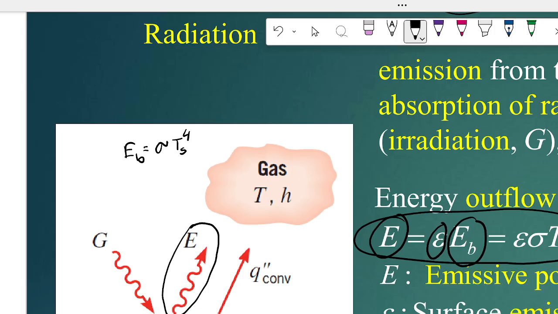Because a black body has the capability of absorbing the highest amount as well as has the capacity to emit the highest amount as well. This makes sense? So if I have a black or darker dress during summer on a hot sunny day, you're going to feel very warm. At the same time, it will radiate or emit its maximum. This makes sense? And the maximum amount can happen if it's perfectly black. So this Eb is referring to that much emission that can happen from that perfectly black surface.